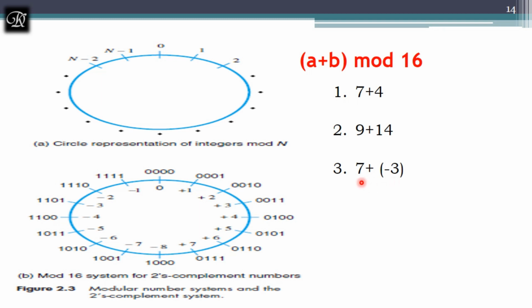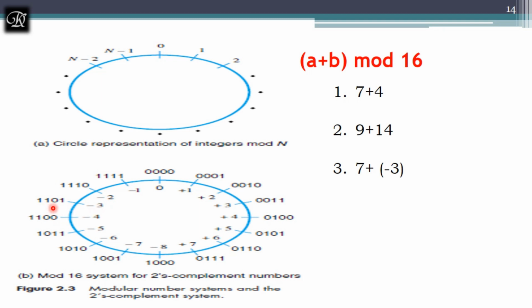First, finding 7 is easy. Before that, in rule 2, they have told you to find the 2's complement of positive 3. That is, 2's complement means it is negative 3. So what is negative 3? I need not find the 2's complement of positive 3. Directly I will get it here. See, this is negative 3. 1 1 0 1 is negative 3.